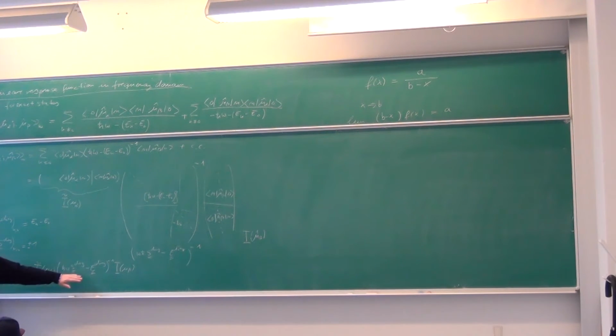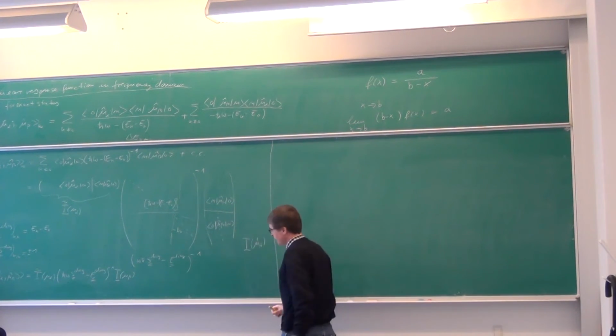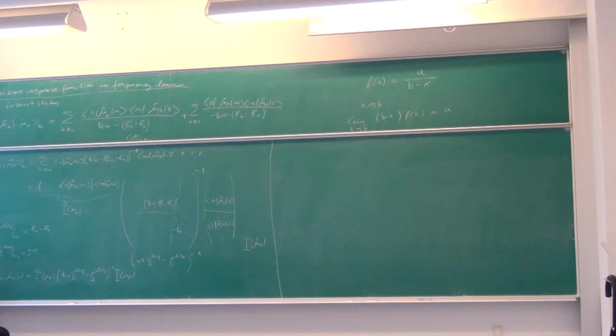It's a vector times an inverse matrix times another vector. So far that's just notation, just writing it in a different way to get to a matrix representation. And it's still the exact states.